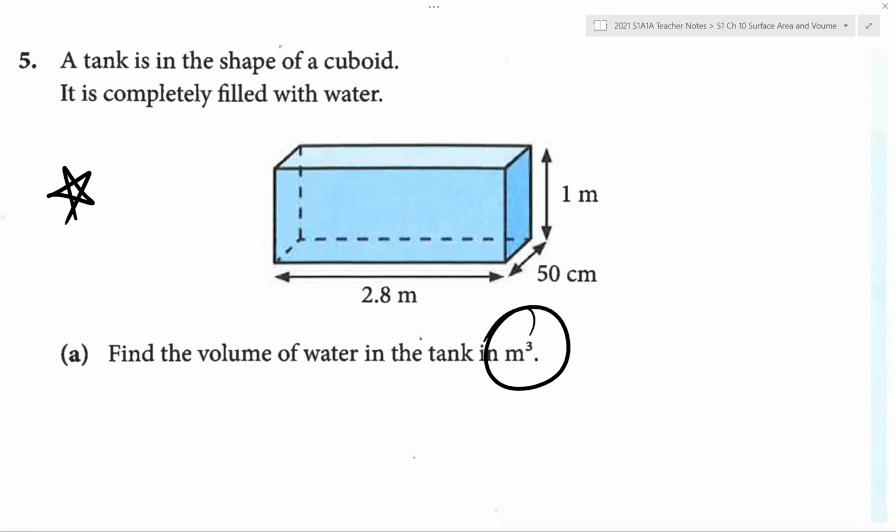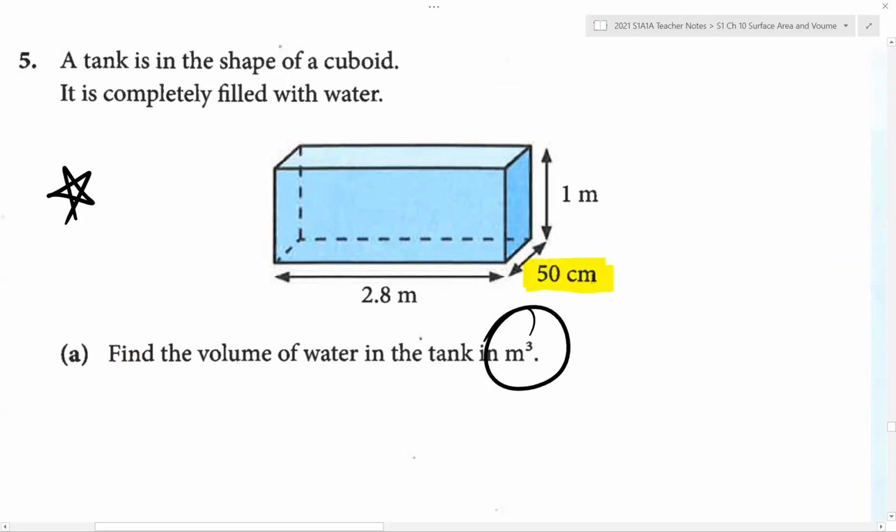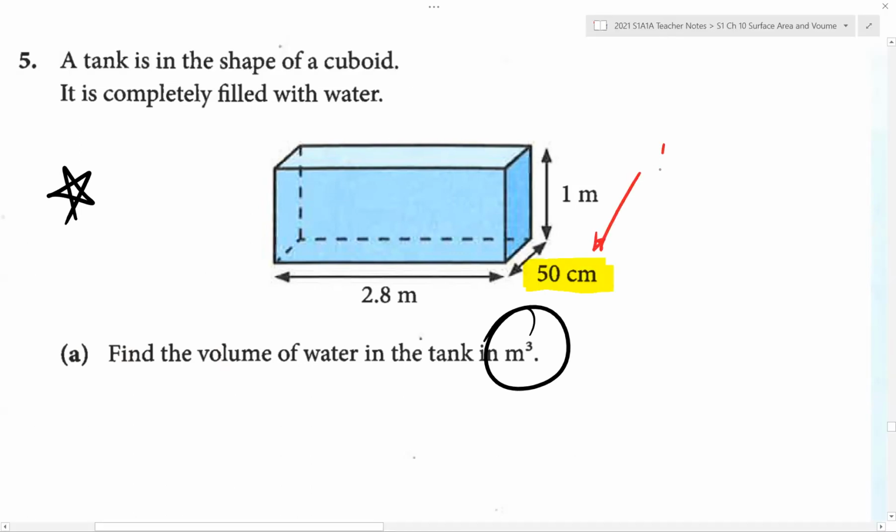I mean, everybody knows the volume is length and breadth times height, right, Yanrui? Length and breadth times height. So, what's the problem? Look at this. This is the trap. I'll leave this here. Trap. What should we do? We'll carry on next lesson.